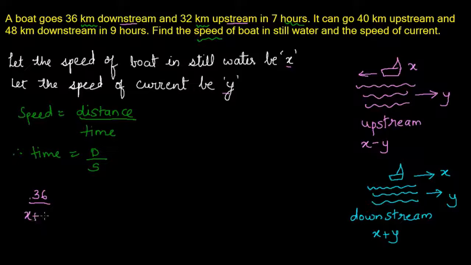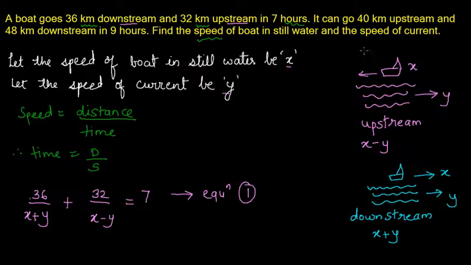So the time it will take to go downstream is 36 upon x plus y. Similarly, it will take 32 upon x minus y time to go upstream, and together for upstream and downstream it takes 7 hours. So the sum of this becomes 7. This is our equation 1.